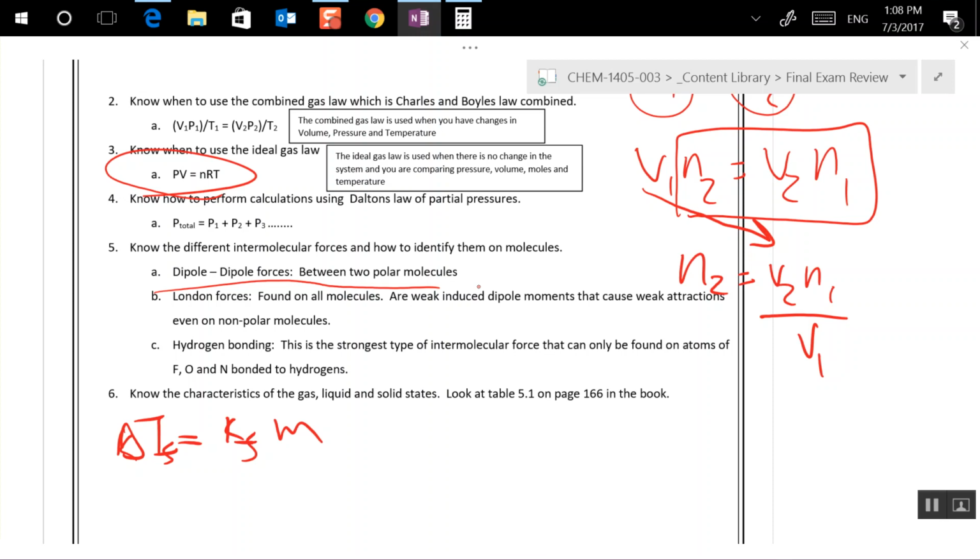Now, you have hydrogen bonding, which is the strongest type of dipole force, which only occurs on nitrogen, oxygen, and fluorine that are bonded to a hydrogen. Then you can get hydrogen bonding. Nonpolar molecules only have London forces. Polar molecules also have London forces, but the majority of their force is going to come from the dipole force.